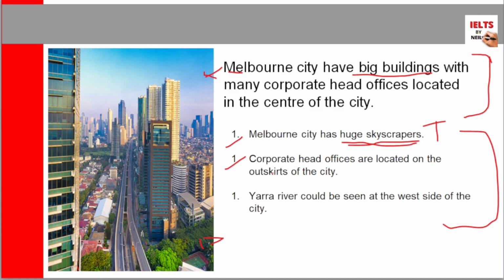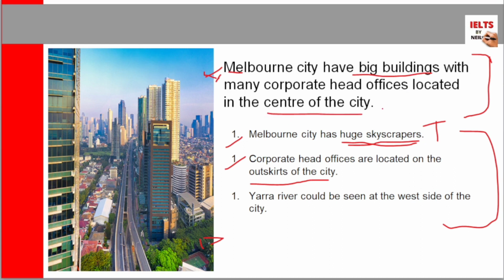Next one, corporate head offices are located on the outskirts of the city. Outskirts means out of the city, right? And the text is saying Melbourne city has big buildings with many corporate head offices located in the center of the city.